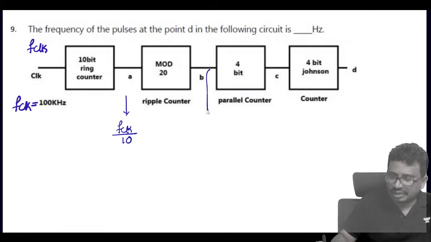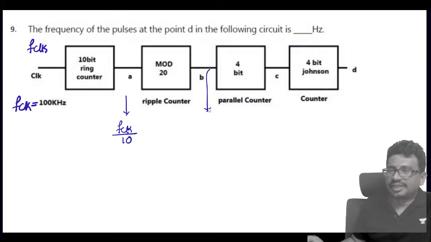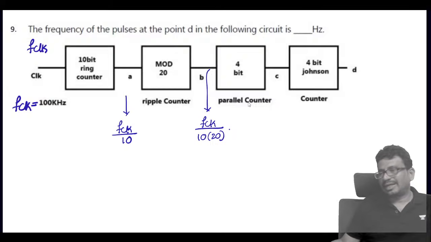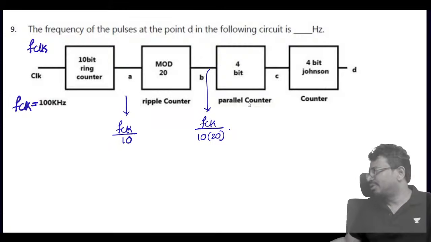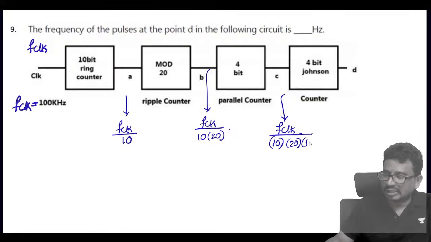Next, here this is a mod 20 ripple counter. The mod number is directly given. So here f clock by 10 multiplied by 20. Now a parallel counter means a synchronous counter. The mod number of a parallel counter is 2 power n, so f clock by 10 into 20 into 16, two to the power 4.